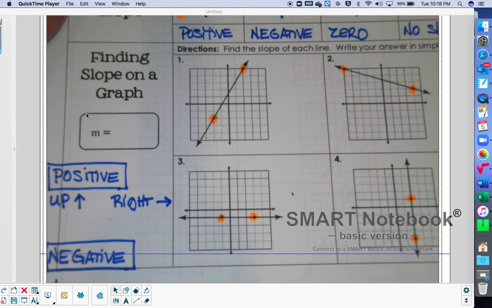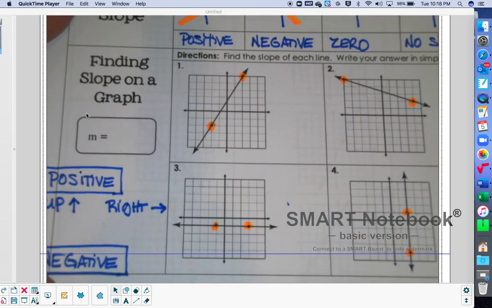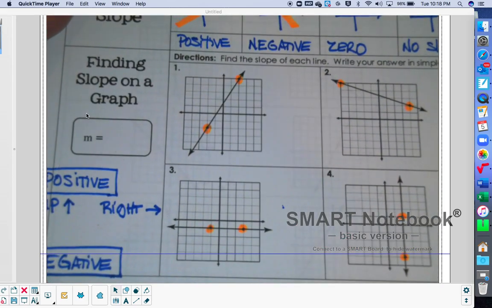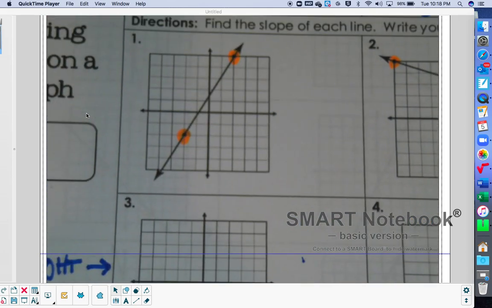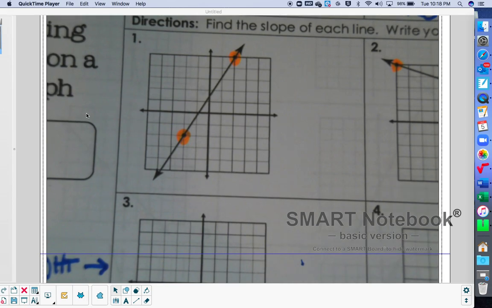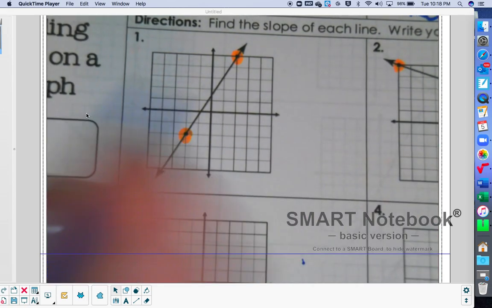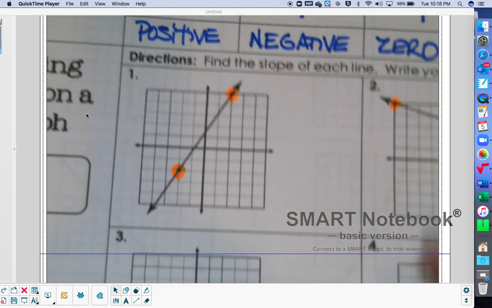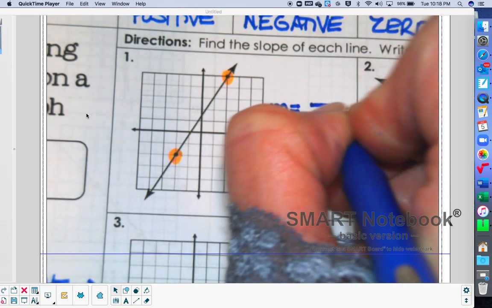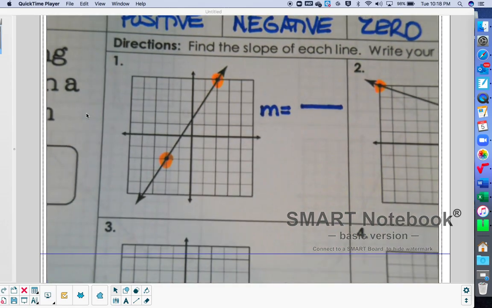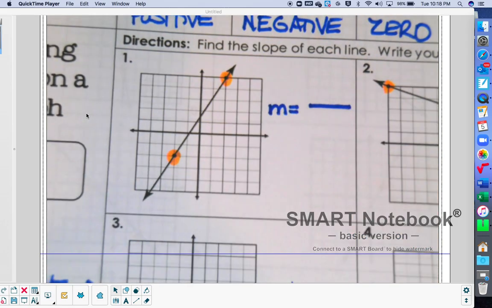So I've highlighted the points. Some of the points did not photocopy well. So I've highlighted the points here on my graph, and I'll zoom in, and I'm just going to count between plotted points to determine the slope. So I'm first going to count up. So I'm finding my slope. So I'm going to write m equals, and I'm going to give myself a fraction bar. The numerator of my slope is going to be my vertical change.